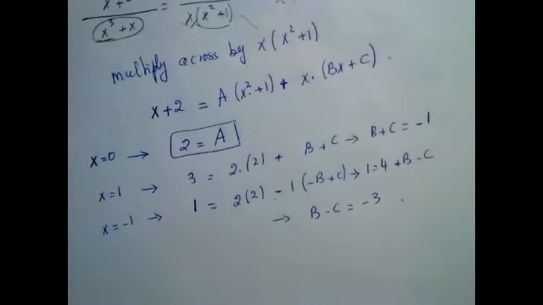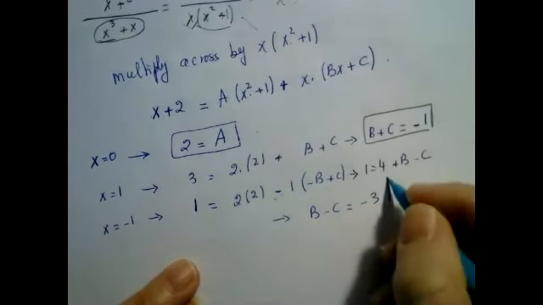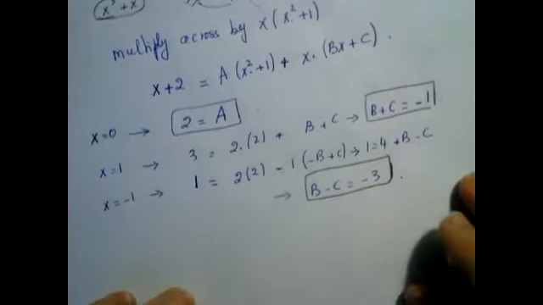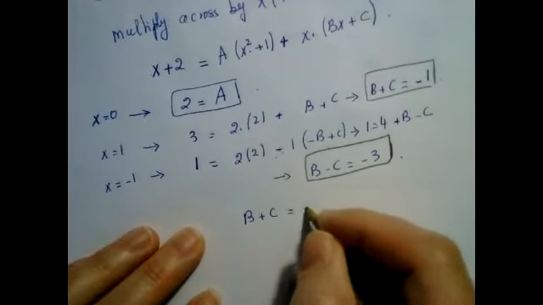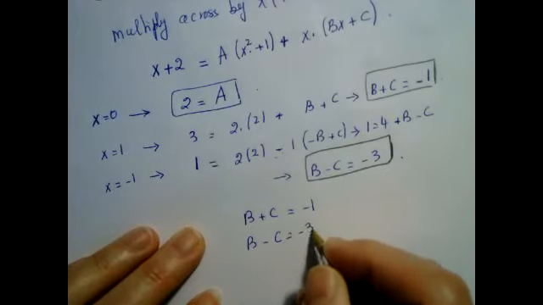So now, even though I couldn't pull B and C immediately, I have two equations relating them. Now I solve those two, and they are relatively simple equations. So we have B plus C equal minus 1 and B minus C equal minus 3.